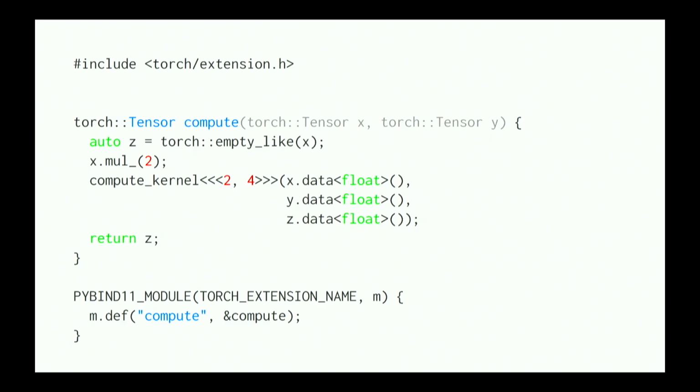In here, there's a function that dispatches some CUDA kernel and multiplies one of the input arrays by 2. And everything you need to bind this to Python from C++ are those 3 lines. We use PyBind11, which is a really convenient library. So yeah, that's everything you need to do in C++.